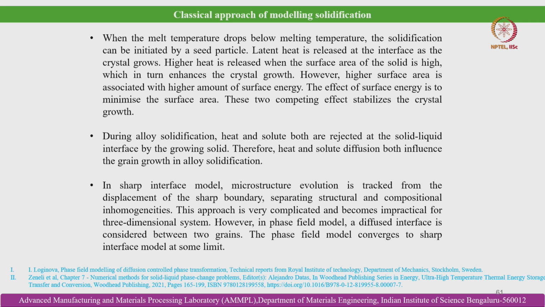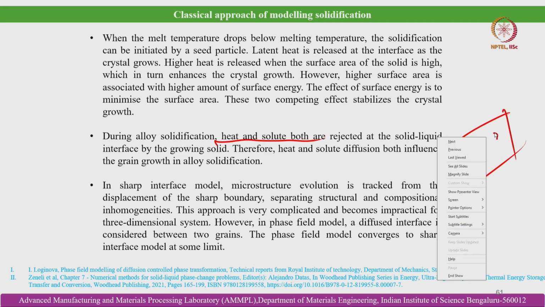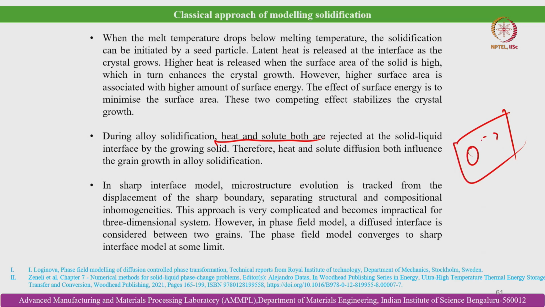During alloy solidification, heat and solute both are rejected at the solid liquid interface, as we have discussed several times earlier. While the solid grains are growing within the bulk liquid, they reject the solute, because the ability of diffusion of the solute atoms in the solid is much lesser than in the liquid.